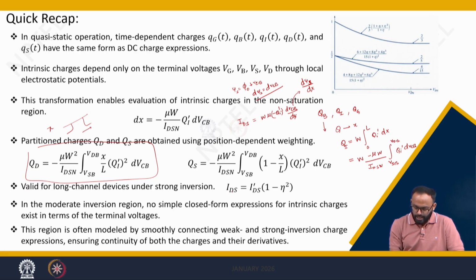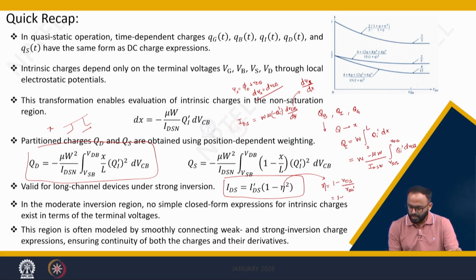Then we said that we can relate all these charge expressions in a simple form in terms of eta, where eta is nothing but 1 minus VDS divided by VDS dash, where VDS dash is nothing but VGS minus VT divided by alpha.